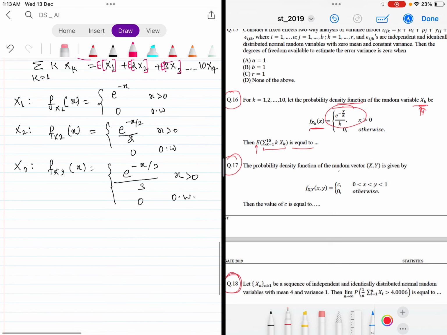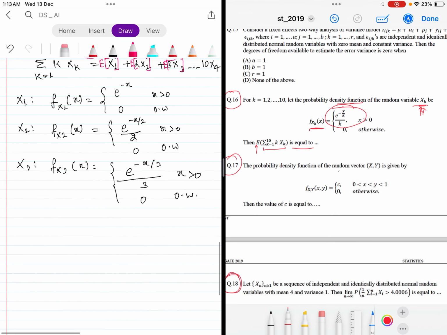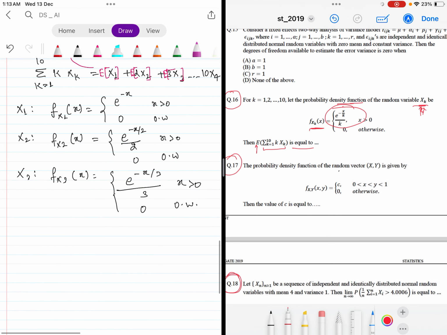There must be something in general, because we are not going to calculate all these 10 expectations, so we will have to find the pattern somewhere. So let's first calculate the expected value of x1.